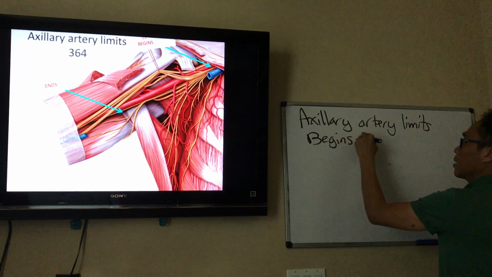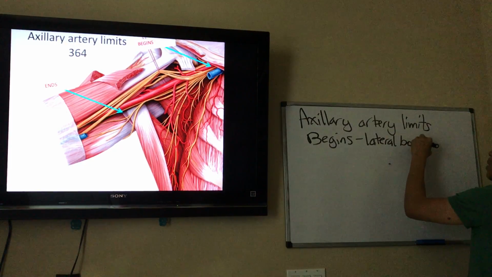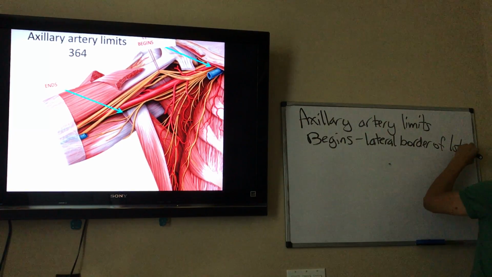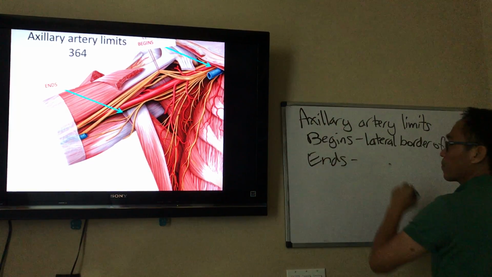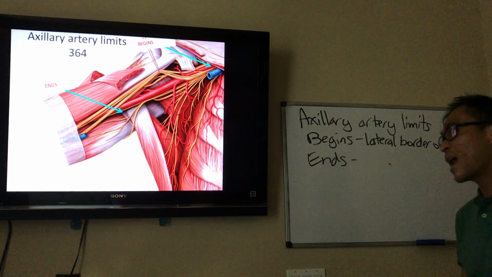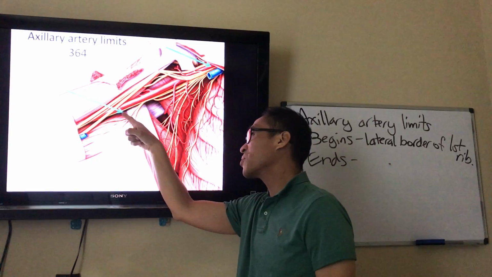And it ends at the inferior border of the teres major muscle. I'm pointing right at it. There's lats, but there's teres major there. You can see the insertion right there.